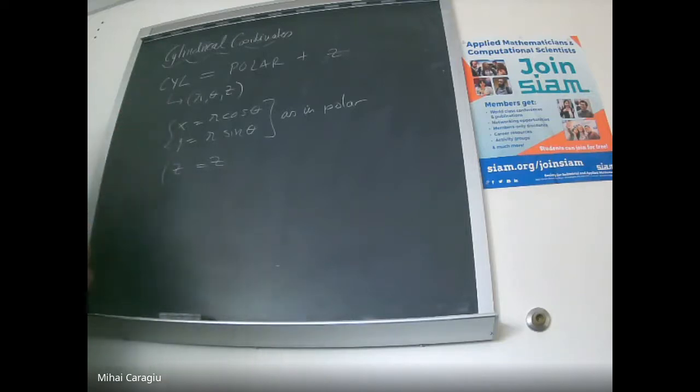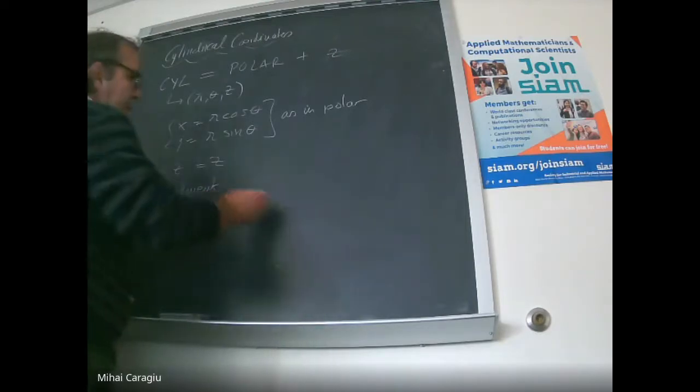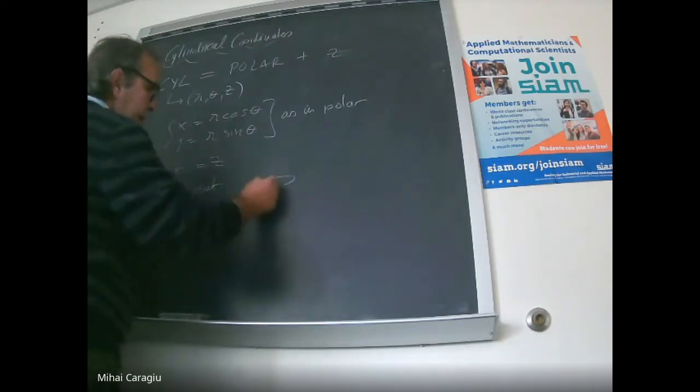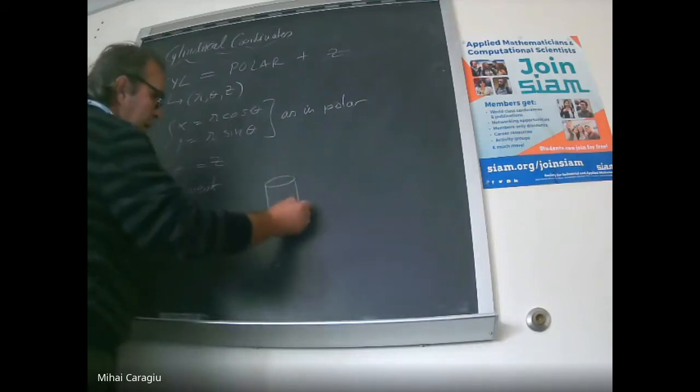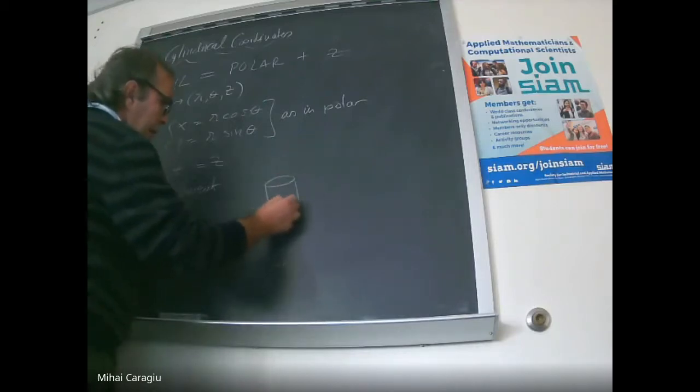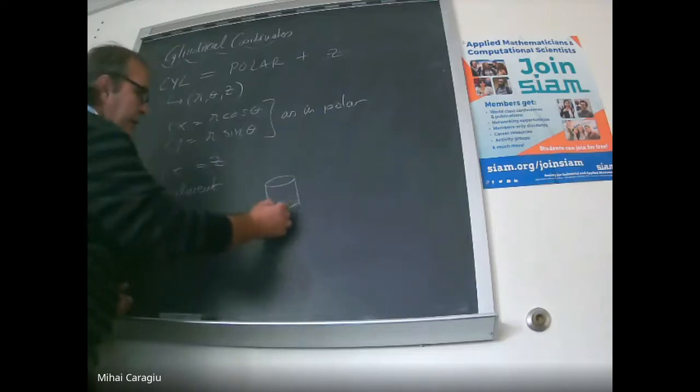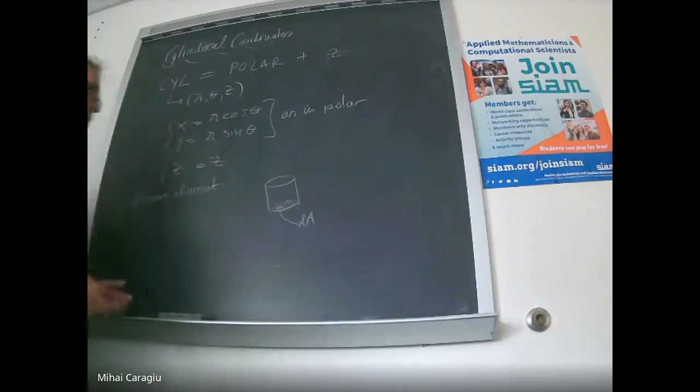So also the volume element is important. Let's try to figure out intuitively what the volume element is. Think about an infinitesimal cylinder. Let's imagine that the base of the cylinder is dA, and dA pertains to the xy part, in which we use polar coordinates.